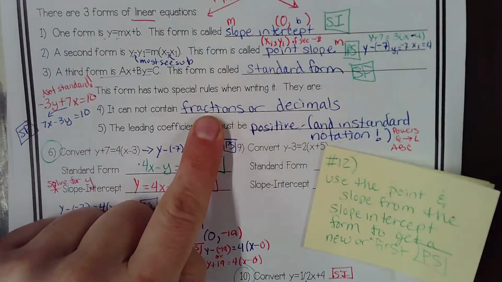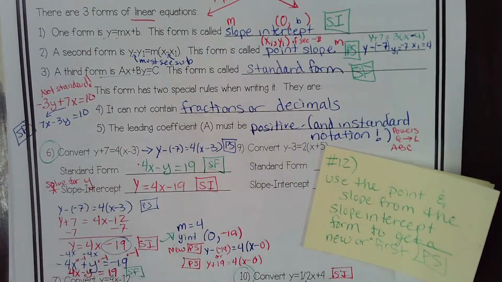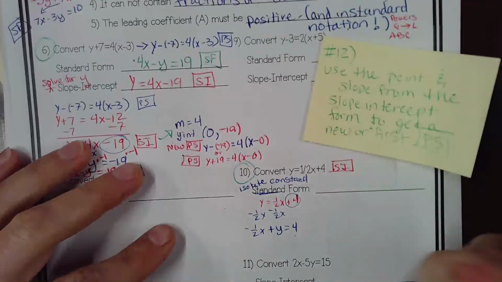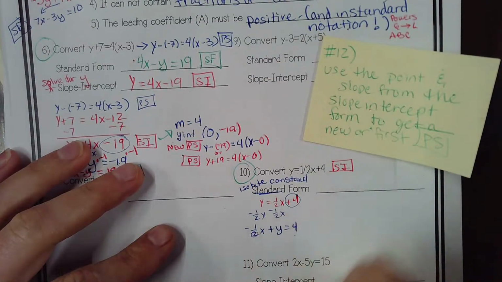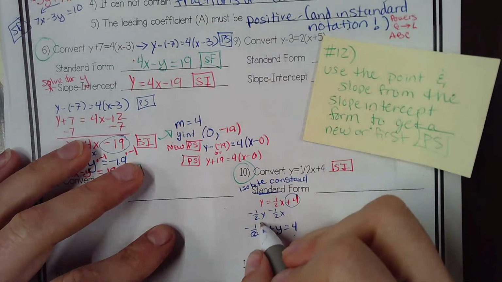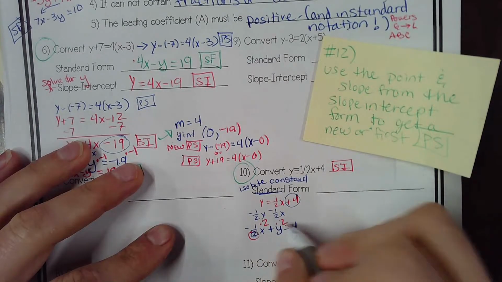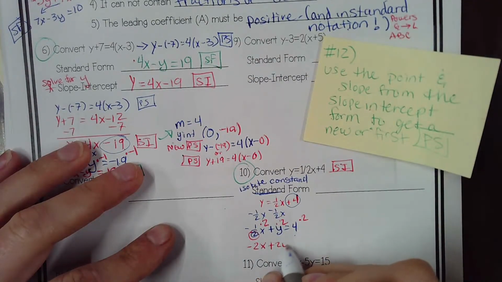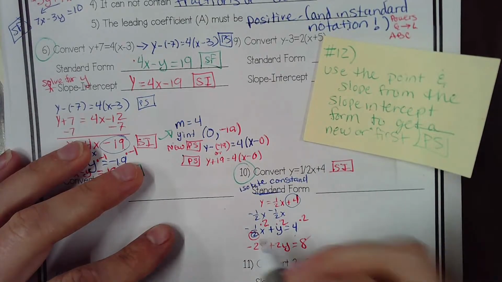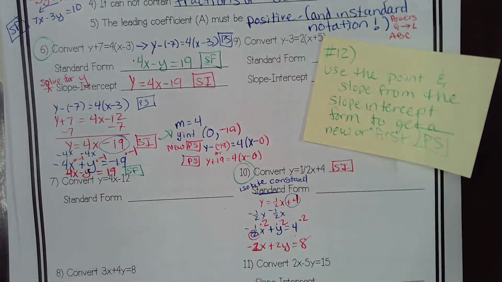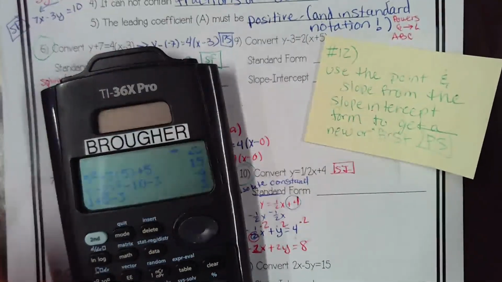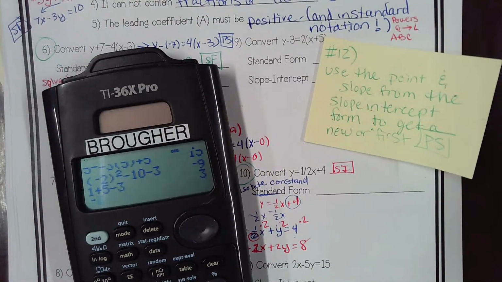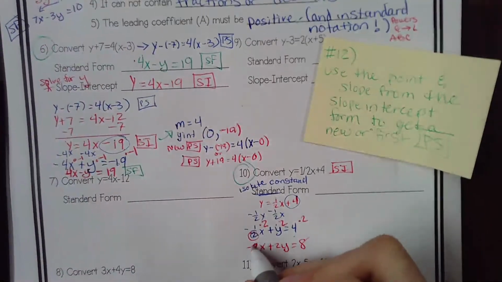check. No fractions or decimals, not check. Because there's a fraction, I'm going to take the denominator, and that's what I'm going to multiply everything by. Times 2, times 2, times 2. Negative 2x plus 2y equals 8. Oh, not 2x, 1x. We better make sure we're using our calculator. Negative 1/2 times 2, negative 1. Almost had a big mistake here.